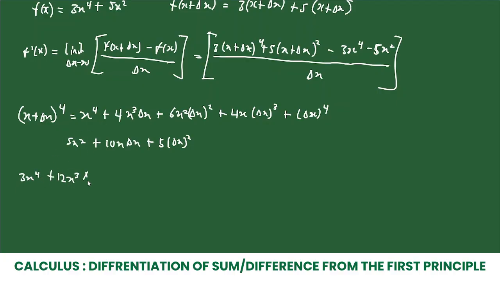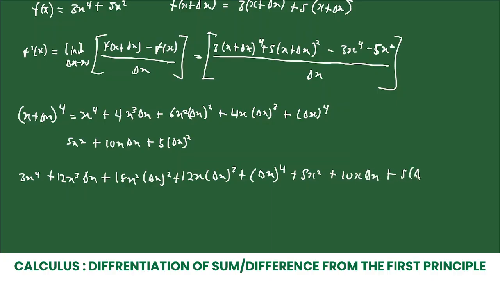Plus 12x cubed changing x plus 18x squared changing x squared plus 12x changing x cubed plus changing x to the power 4 plus 5x squared plus 10x changing x plus 5 changing x squared minus 3x to the power 4 minus 5x squared, right?